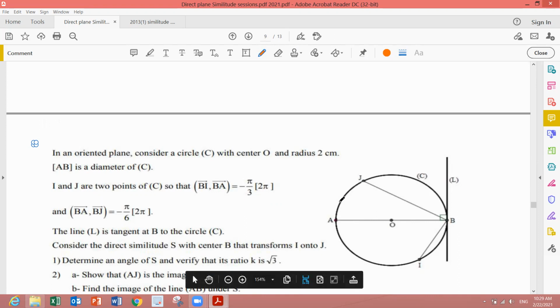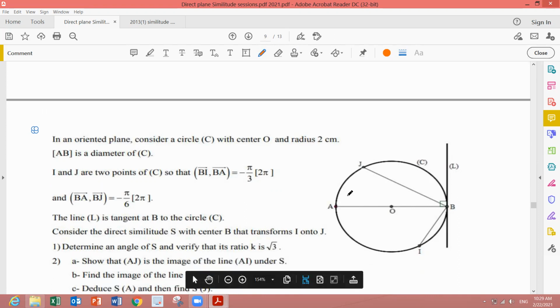Do you have a compass to draw the circle? I and J are two points on the circle such that the angle BI is minus pi over 3. This angle is minus pi over 3.